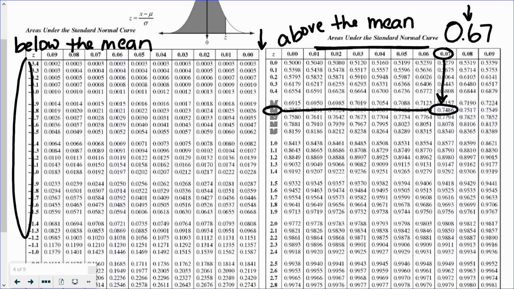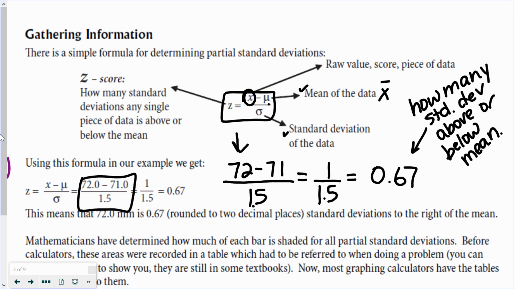Keep that in your brain for a second, or highlight it on your little chart if you need to. 0.67 is equal to the z-score. Then if you use the chart to find the corresponding area under the curve, that gets us 0.7486.